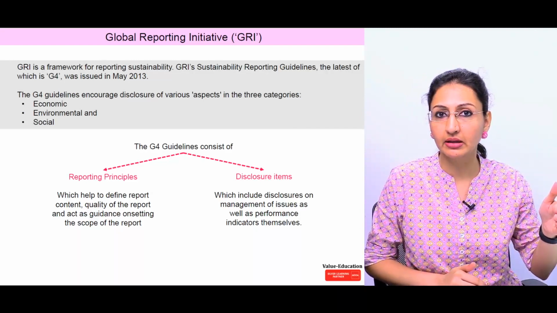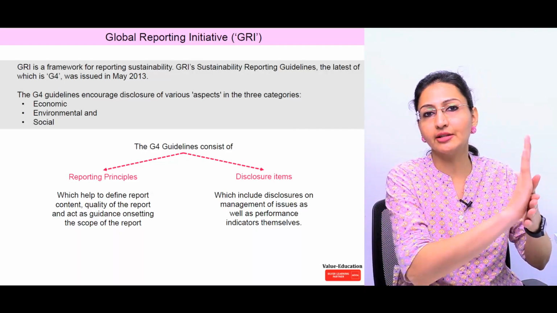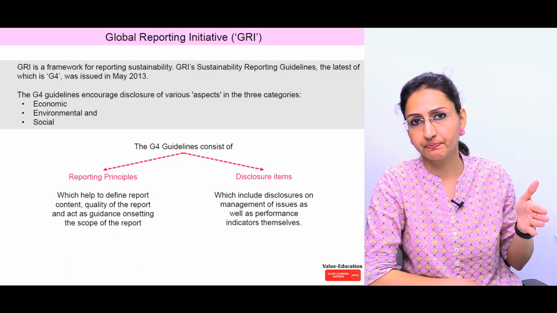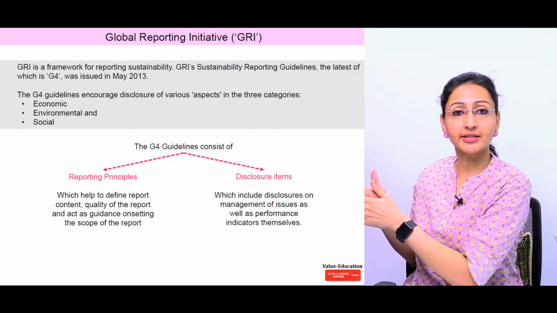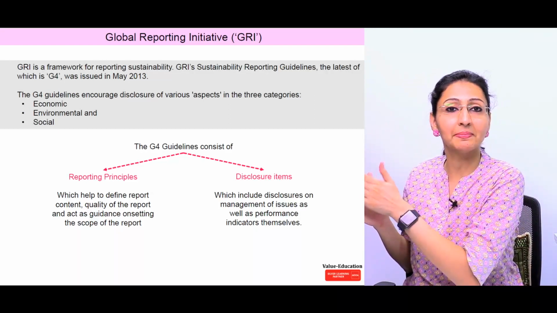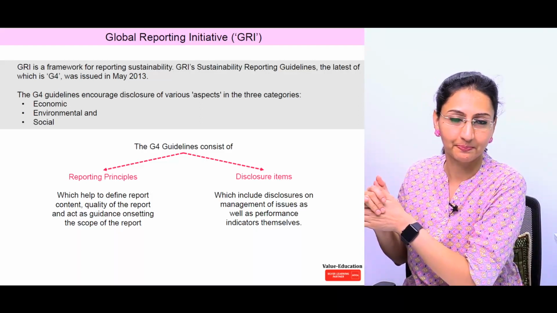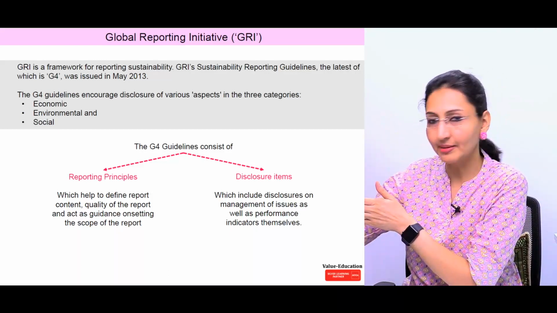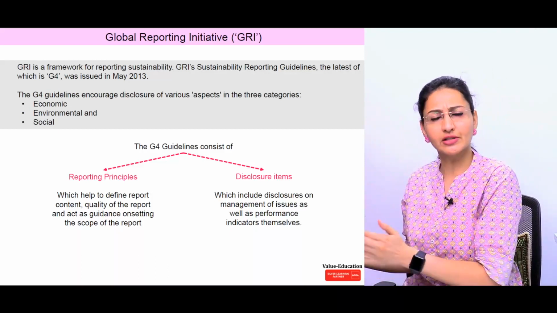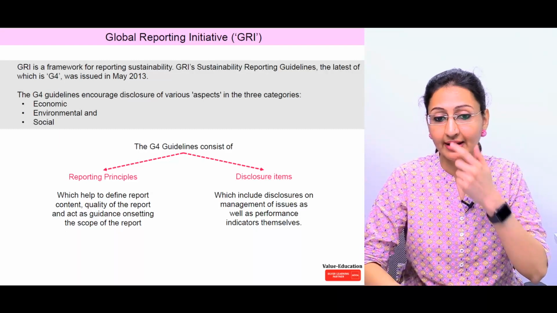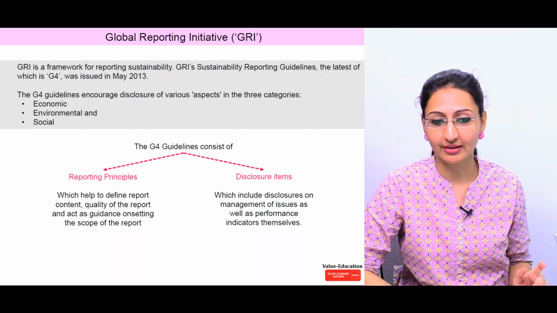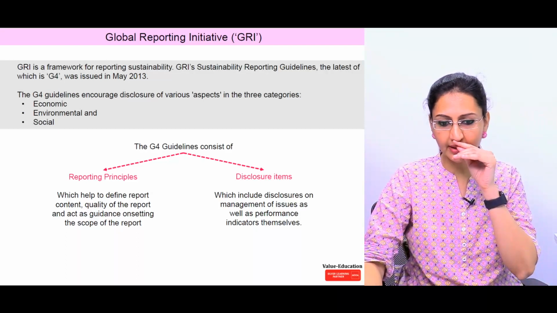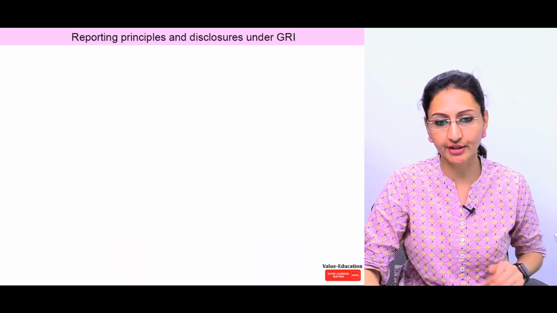Reporting principles clarify what should be there in the report, the principles using which a report should be prepared. Then disclosure items are some critical issues, some critical matters which must be disclosed. They can be important management issues. They can be any major conflict. So there is a list of disclosure items which should be there in the integrated sustainability report, right?